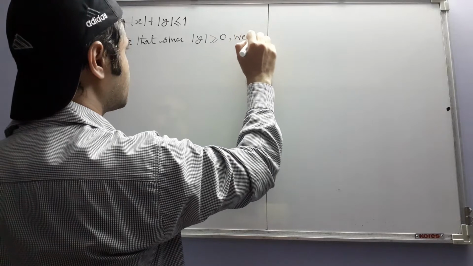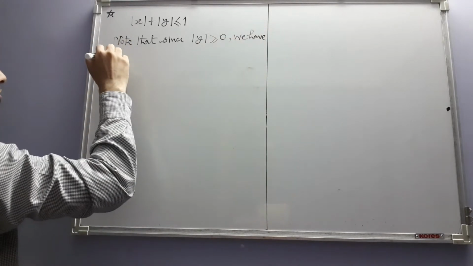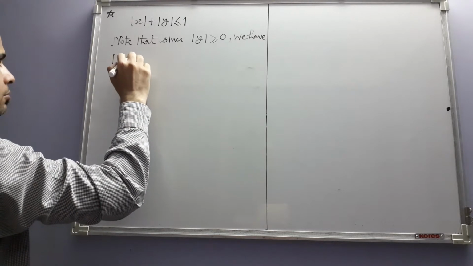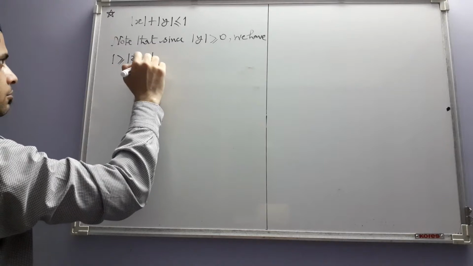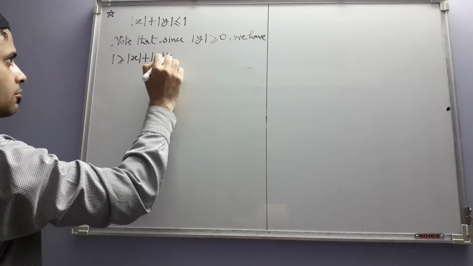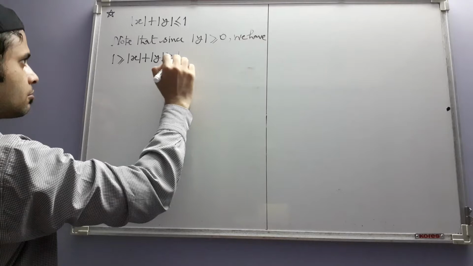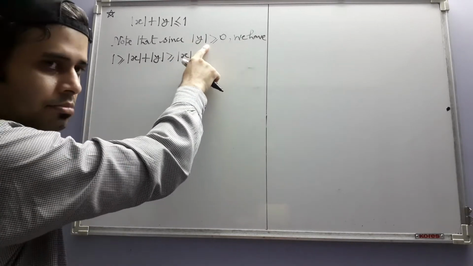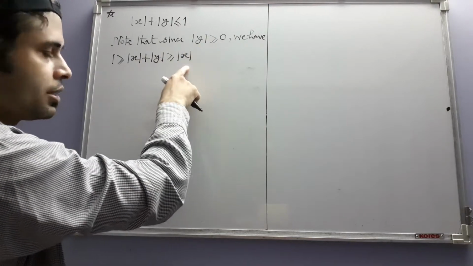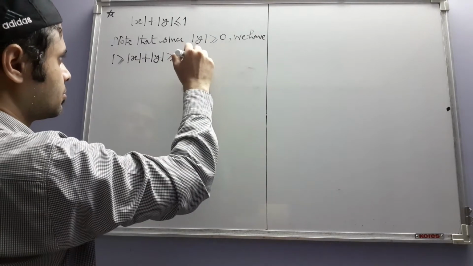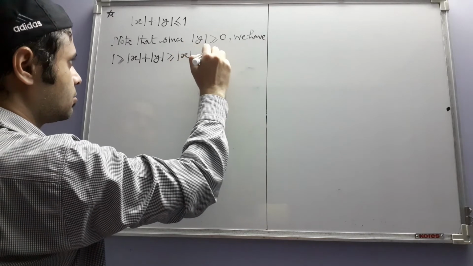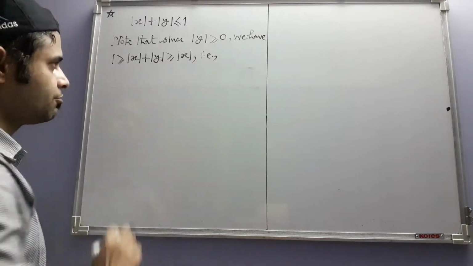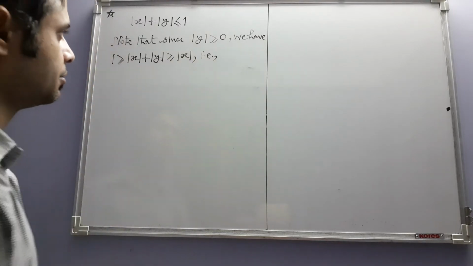We have this second inequality, obtained from this by adding absolute value of x on both sides. That is, so that means absolute value of x must be less than or equal to 1.